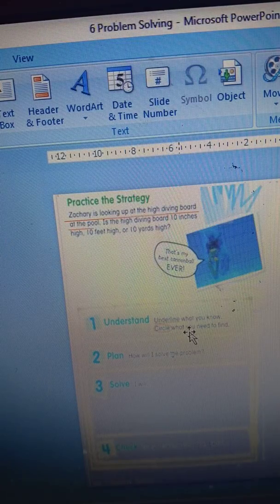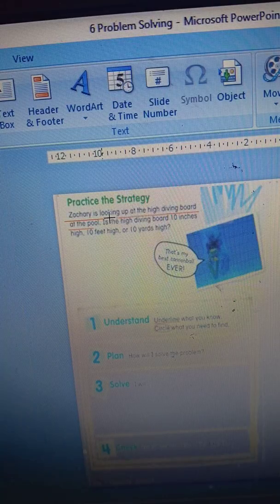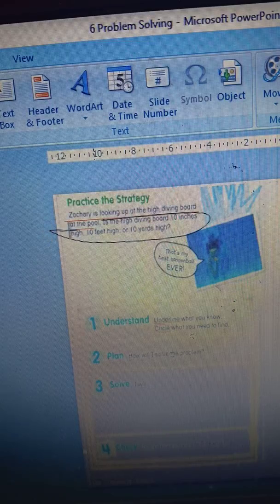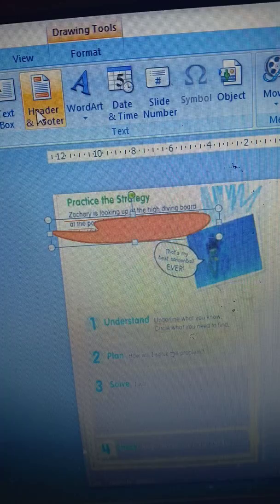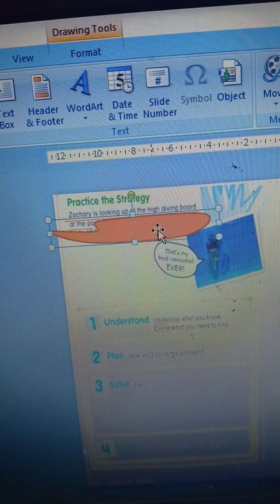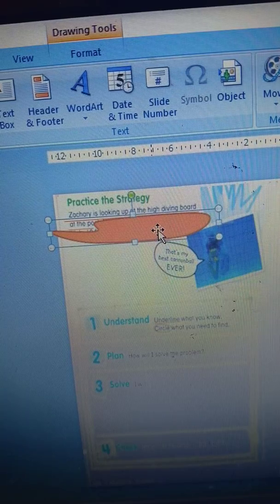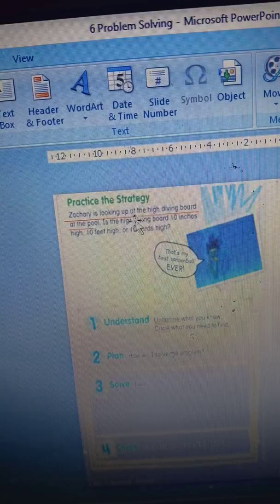He is asking if the height of the diving board is 10 inches high, 10 feet high, or 10 yards high. Now, kindly circle this one, students.